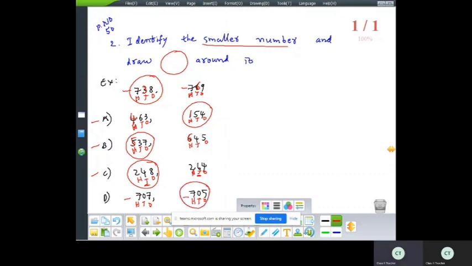Okay, students? When comparing three-digit numbers, we must first look at the place values. Compare the hundreds first, then after hundreds the tens, and after tens the ones. Now, question number 3.